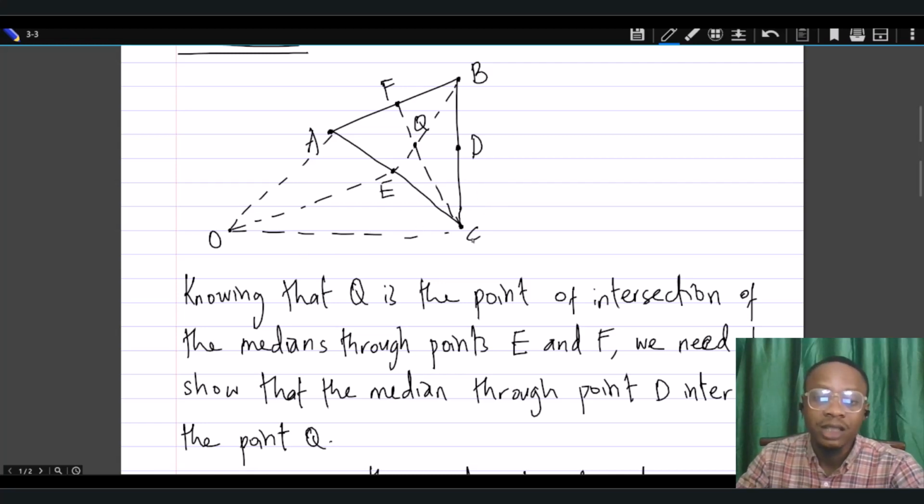So we can say that the vector CQ is collinear to the vector CF. So vector CQ and CF will be on the same line.